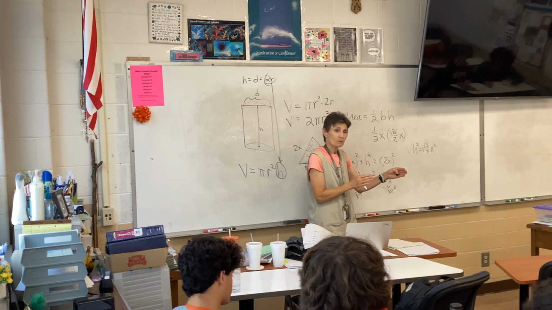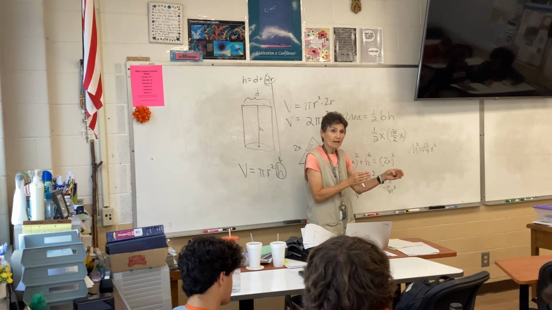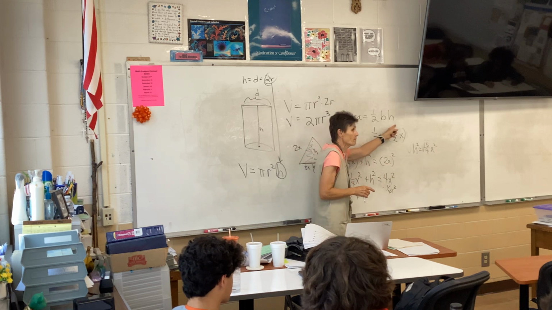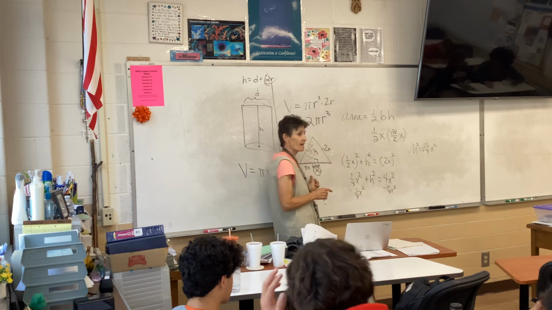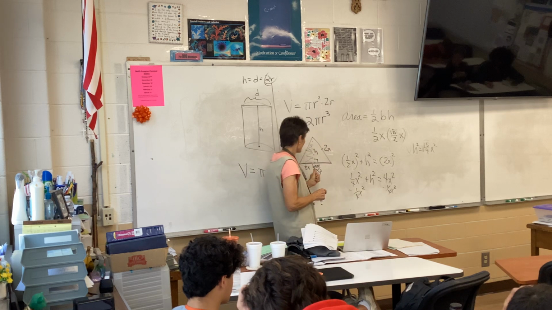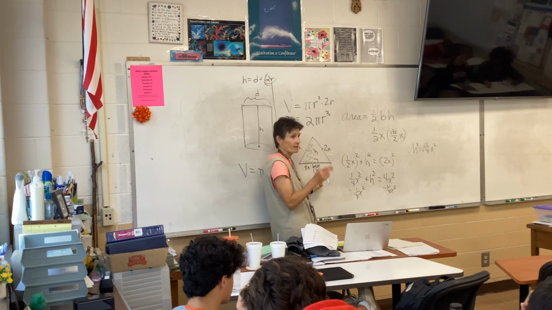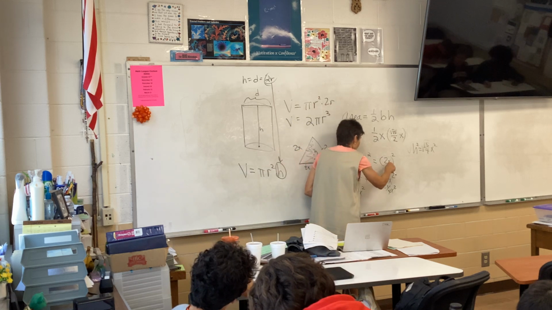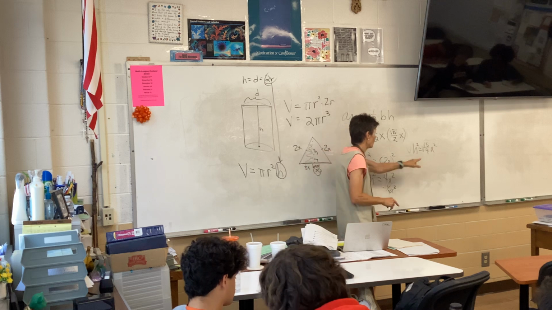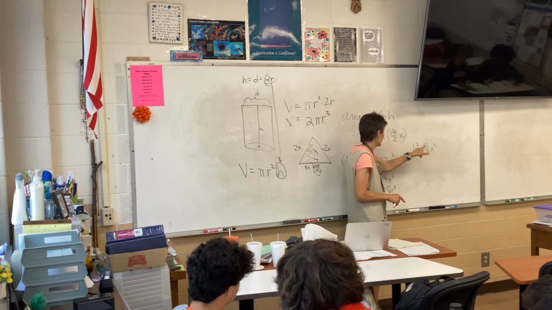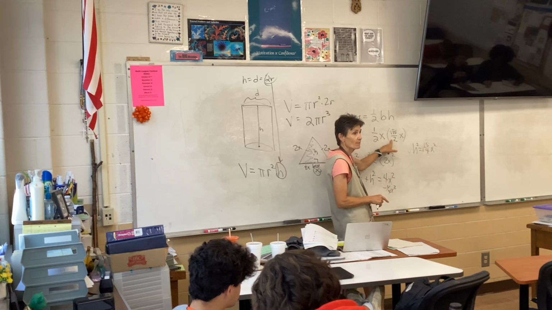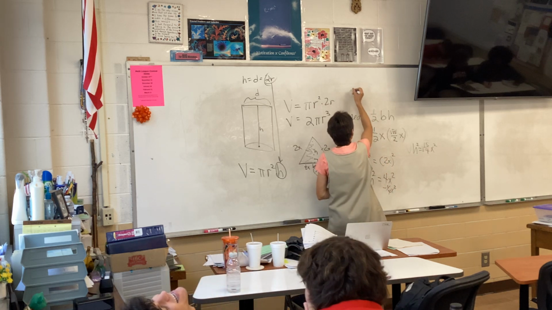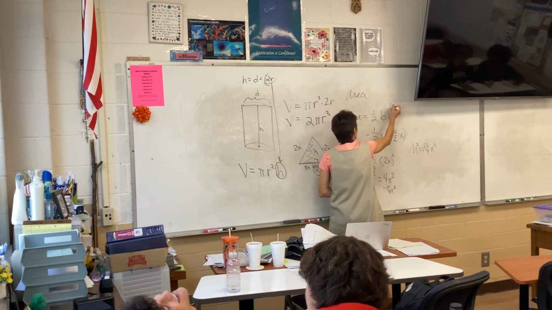I know it's hard, especially right after lunch. Don't lose sight of what you're trying to do. You're trying to write this formula with only x's. So b was x, so that was easy. For h, we had to do the Pythagorean theorem to figure out what h is. Then I could plug that in here.